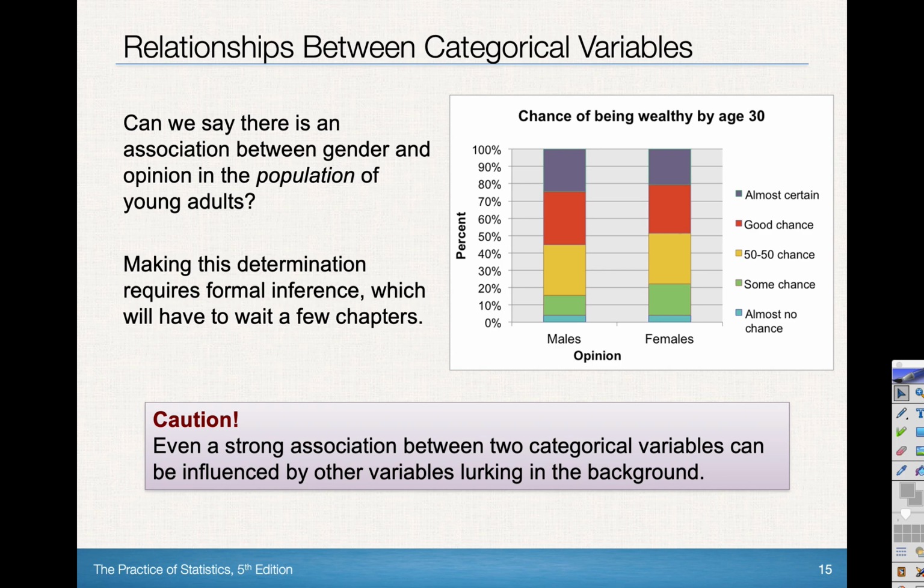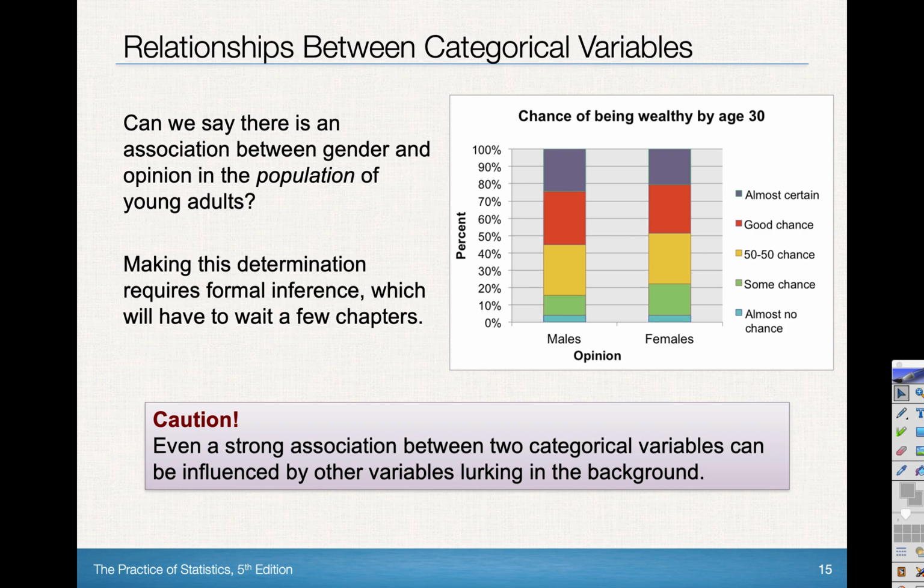The lurking variable there is that people buy ice cream in the summer and shark attacks happen in the summer because people are at the beach in the water where sharks live. So just because there is a strong association doesn't mean that there is causation. There are other things that could be lurking in the background. That's why we have to do a formal inference test to make any sort of strong conclusions about the data that we're looking at.